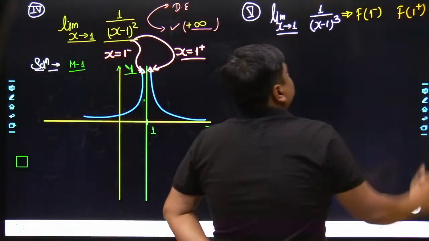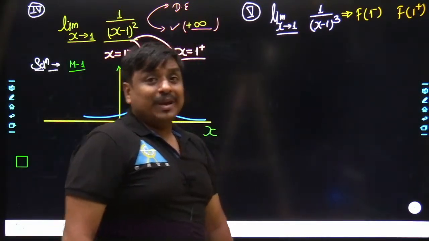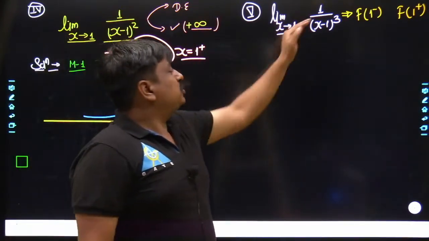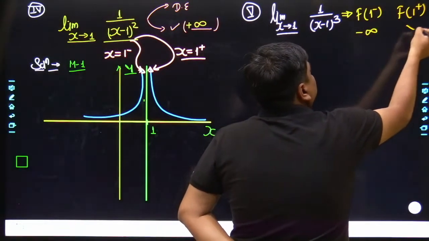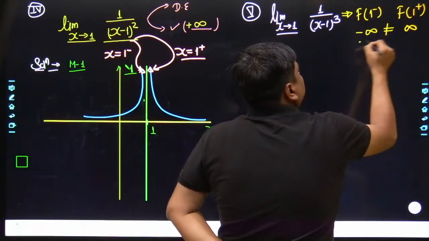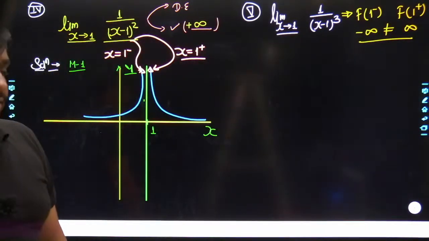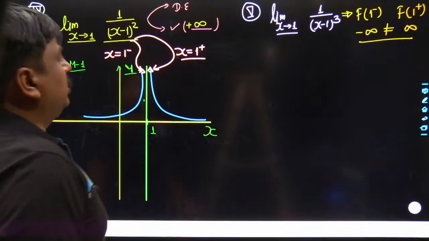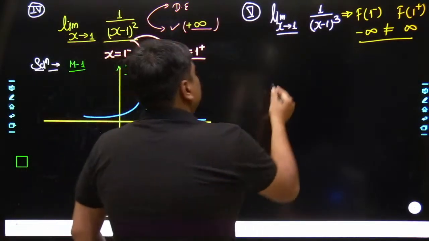Once you feed x equals 1 minus, towards the denominator you would have 0 minus, and 1 upon 0 minus would convert this value to minus infinity, and here it becomes plus infinity. They are not the same. Yes, as they are not the same, there is no doubt the limit would not exist, at least for this problem. Limit does not exist.